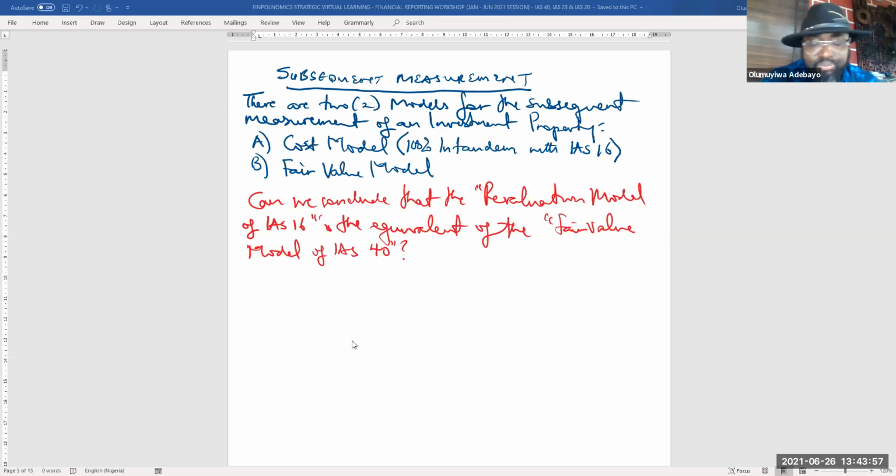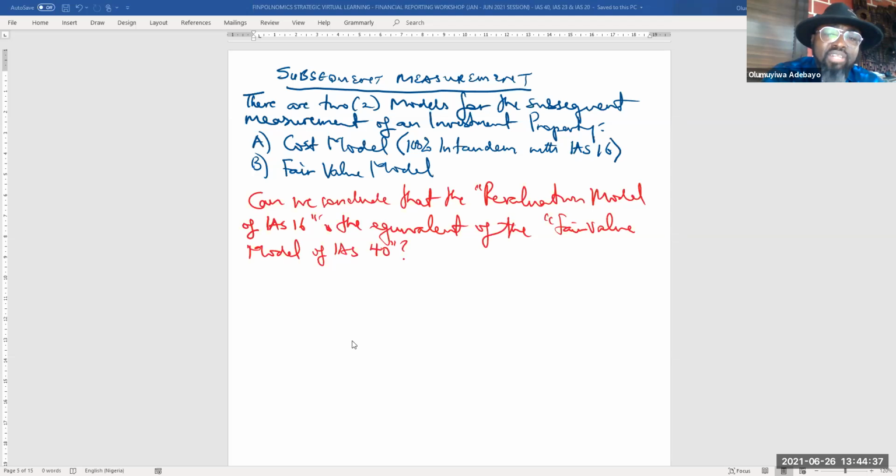If you refer back to the conceptual framework, we recognize that there are two models or bases of measuring assets and liabilities: cost model and the current value model, where the current value model could be fair value, could be present value, which will give the value in use for an asset, or fulfillment value for a liability, and the third is the current cost to make up current value.